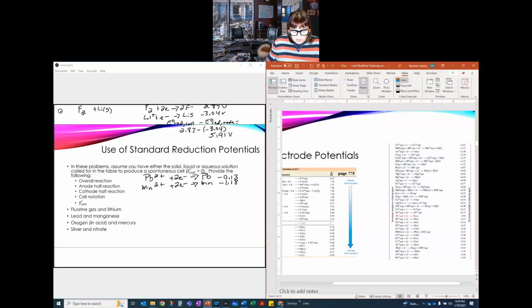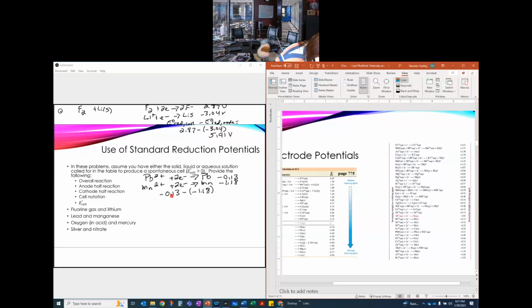In order for this to be positive, we know that we're going to have to do the Pb2+ going to Pb and the Mn going to Mn2+. That's going to have to work if we want to do this. So if that's the case, then I'm going to take the negative 0.13 minus the negative 1.18.